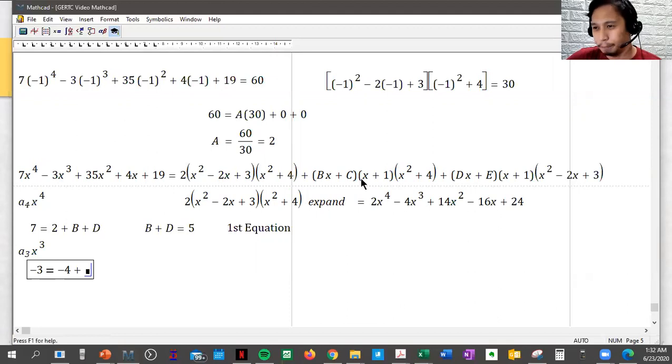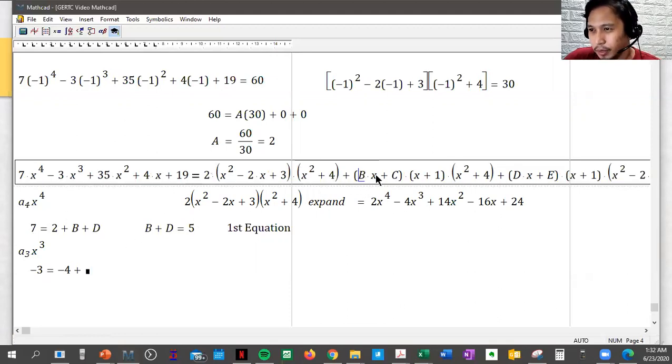Dito sa second term, where can we get an x cubed dito? Px times x squared na yan. Times x squared, hindi pwede maging x cubed. Kulang. Pero ito, bx times 1 times x squared. See?